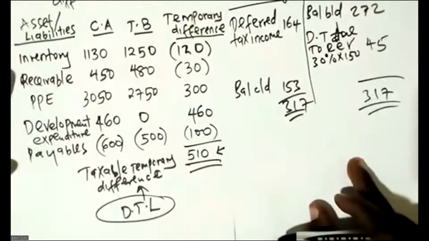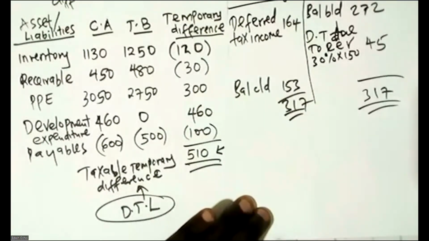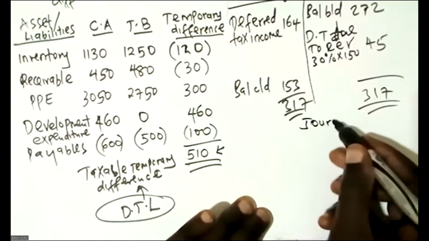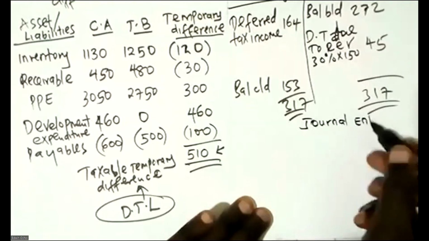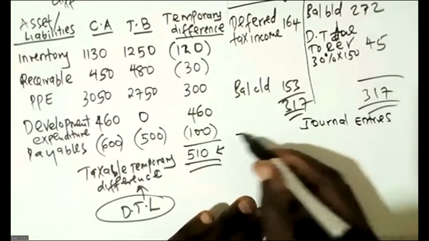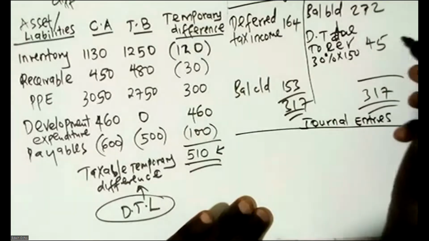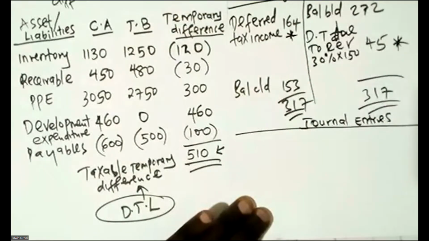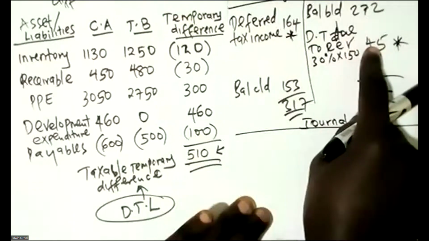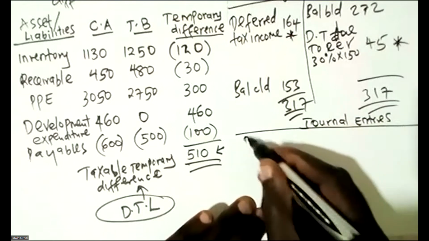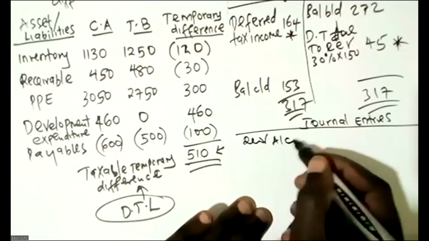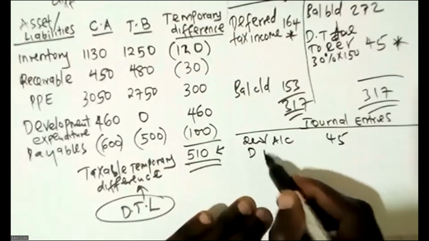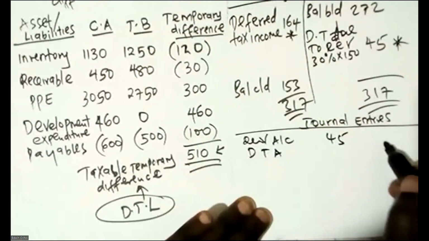Just 2 minutes, I finish. If the examiner was in need of journal entries, what you record is this and this. So like now, we have credited revaluation here. So in the revaluation account, we could have debited 45, and credited the deferred tax account, the 45.